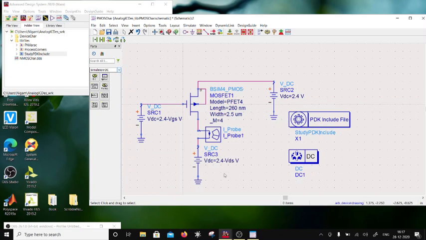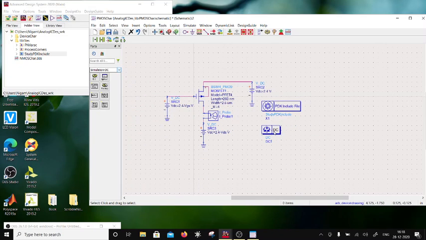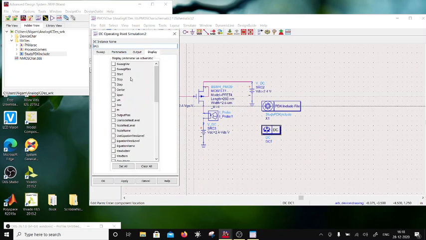So as this goes from 0 to 2.4, the overall voltage VDS will go from 2.4 to 0. No, it will go from 0 to 2.4, correct. Now VGS I want to do in a different parameter sweep. So first of all, I'm going to display the sweep variable, start, stop, and step.